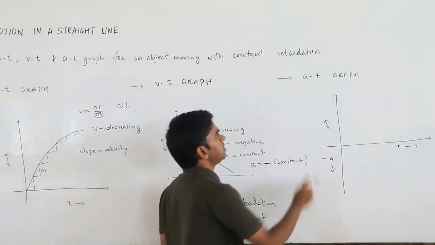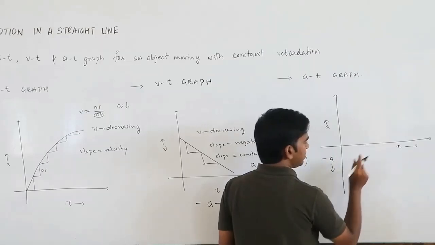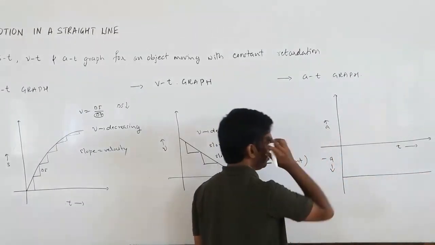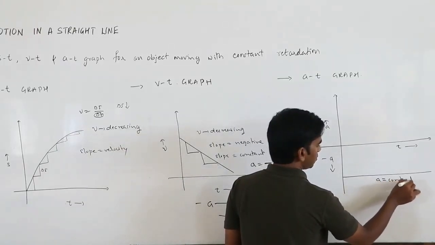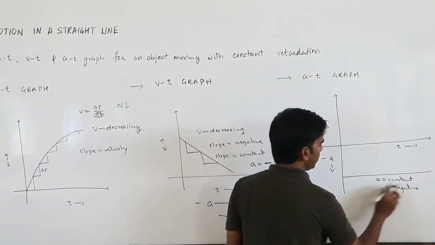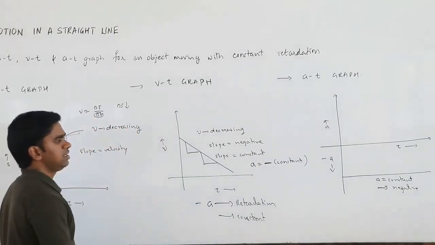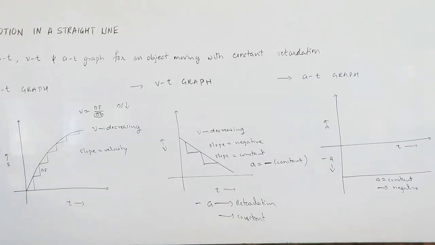So the acceleration time graph is a line parallel to the time axis or x axis, but below it. It is constant but with negative value. So this is the graph for constant retardation.